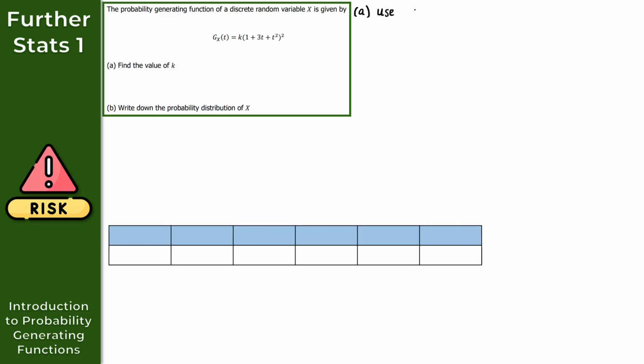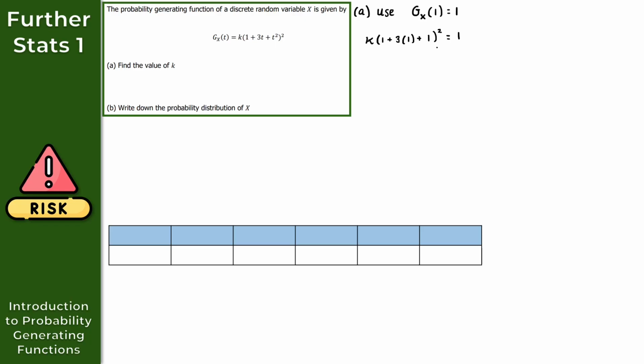So we're going to use the fact that g of x at 1 is equal to 1. Okay, so in that case, what we have here is k times 1 plus 3 lots of 1, plus 1 squared, which is just 1, all squared, and that is equal to 1.